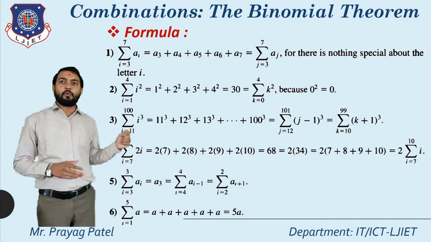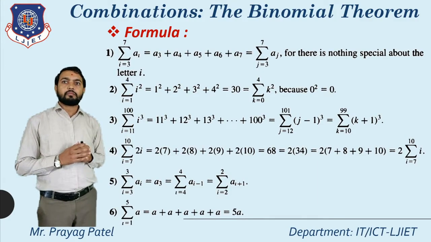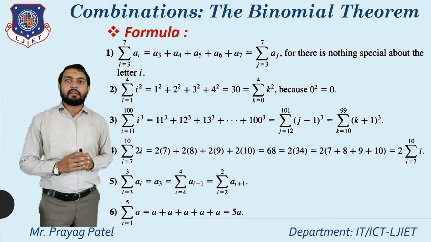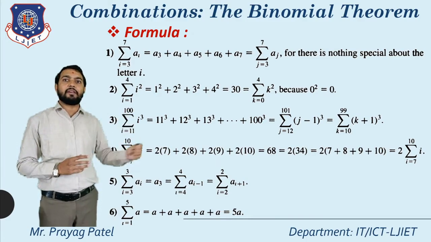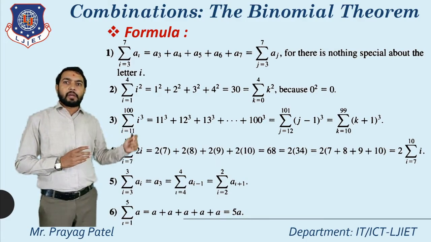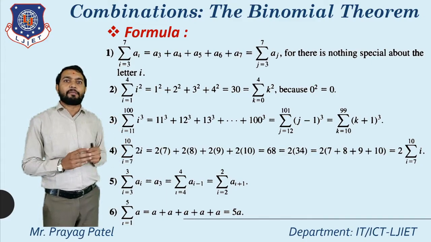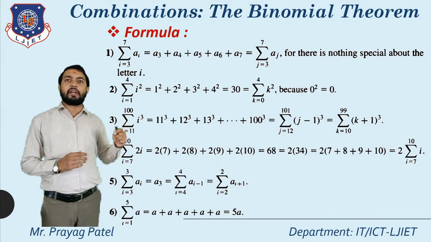Now some other formulas are available for the binomial theorem. First, sigma i equals 3 to 7 of a of i, that means a3 plus a4 plus a5 up to a7. If we represent j in place of i, then both are equal. There is no difference between i and j, so we can write sigma j equals 3 to 7 of a of j.